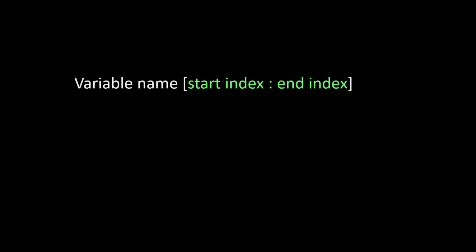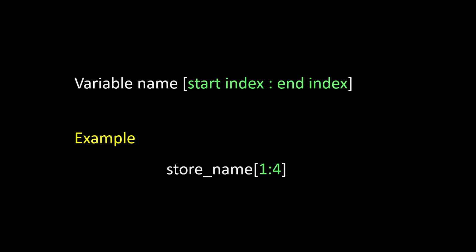Well, the basic command that Python provides is a pair of square brackets as an operator with two index values separated by a colon. A string variable within square brackets: start index, colon, end index. For example, store_name within square brackets 1, 4.